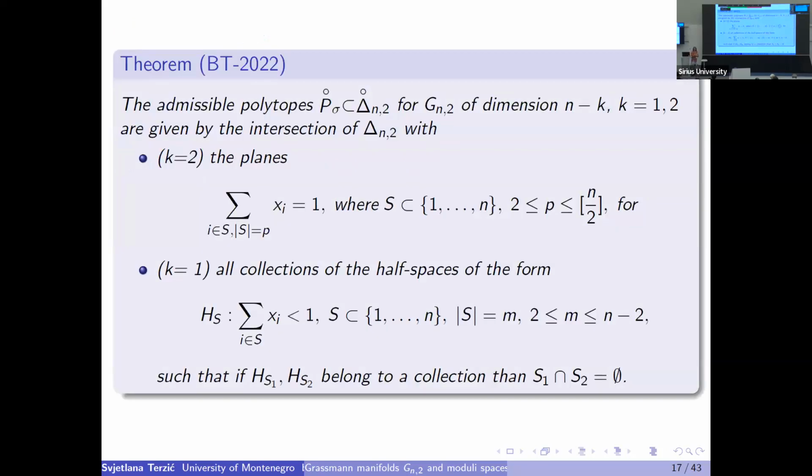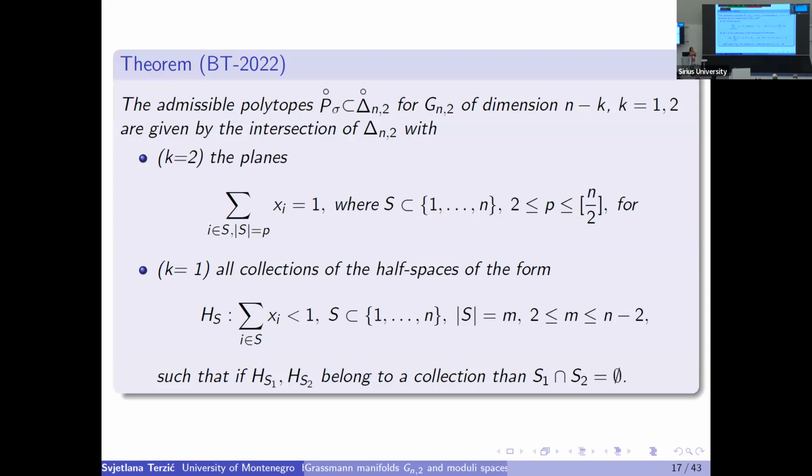What we prove is that these admissible polytopes of dimension n-1 and n-2, which sit inside Delta n 2, can be described using this hyperplane arrangement. Any admissible polytope of dimension n-2 can be obtained as an intersection of these hyperplanes with the hypersimplex Delta n 2. Admissible polytopes of dimension n-1 are a little bit more complicated.